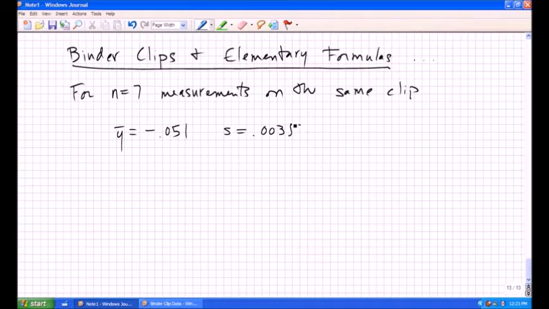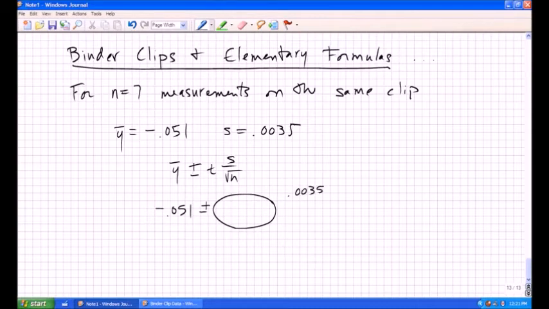Now, if I simply think about plugging these numbers into, say, this confidence interval formula for a mean, y bar plus or minus ts over root n, what am I going to get? Well, I'm going to get minus 0.051 plus or minus some t multiplier of 0.0035 over the square root of 7.